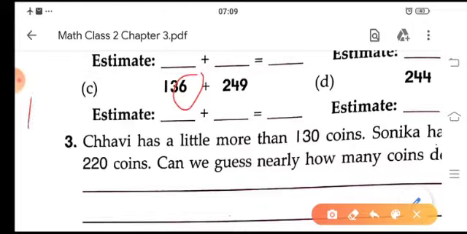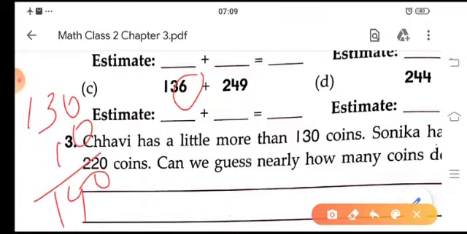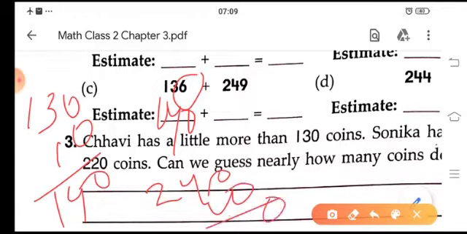So 130 plus 10 becomes 140. And in 249, 9 is above 5, so again we write 0 here and add 10. So 240 plus 10 is 250.